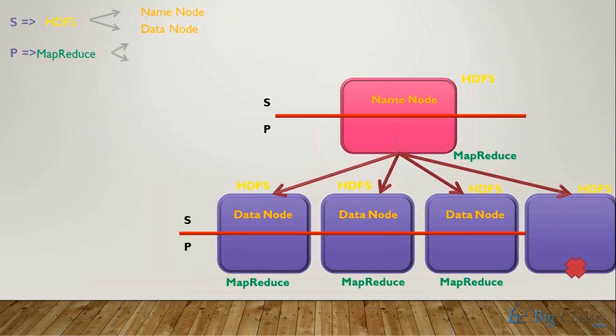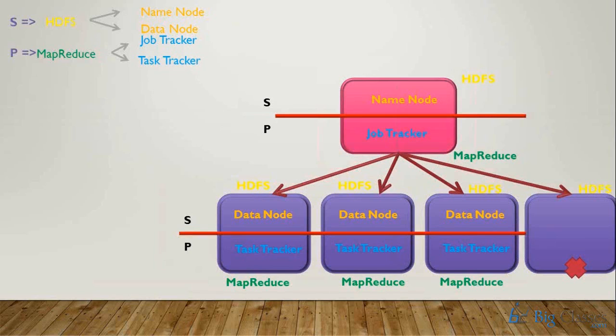So I want to split my MapReduce into two parts. My master side MapReduce layer we call a job tracker. Slave side MapReduce layer we call a task tracker. The combination of job tracker and task tracker is nothing but MapReduce.